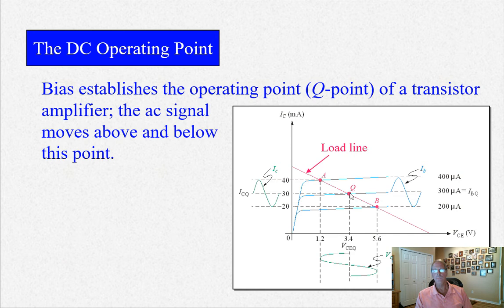And as you apply base current, the microphone, for example, is feeding current to the base, this curve, or this line, goes up and down. So you travel up the line this way to the left and higher when the base current goes to 400 microamps here, in this case, and when it drops down to 200 microamps, you go to the right and lower, and therefore the corresponding collector current is less.